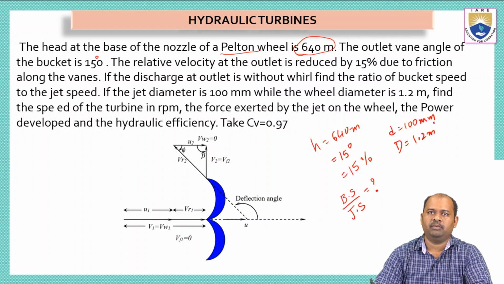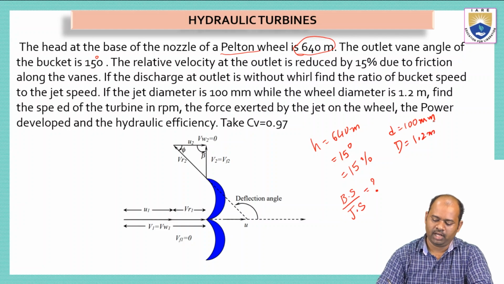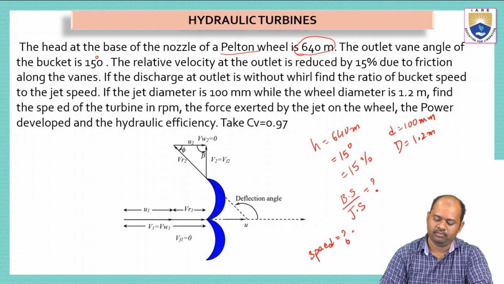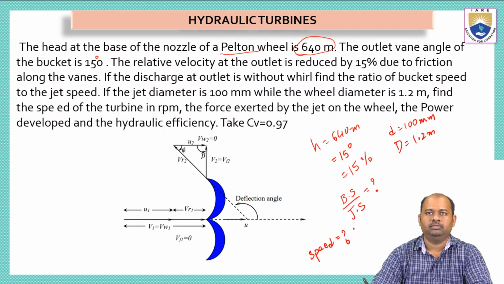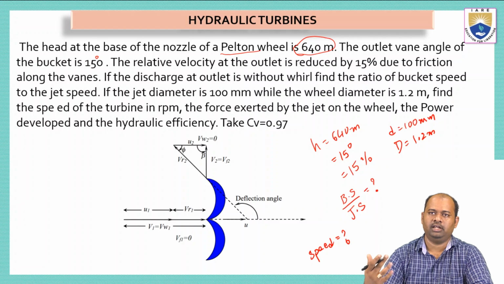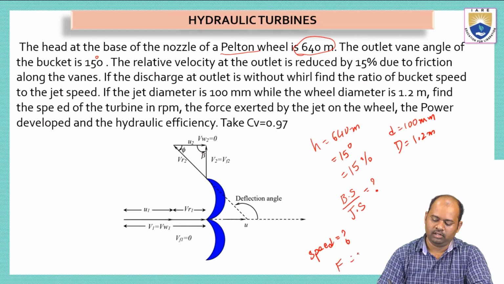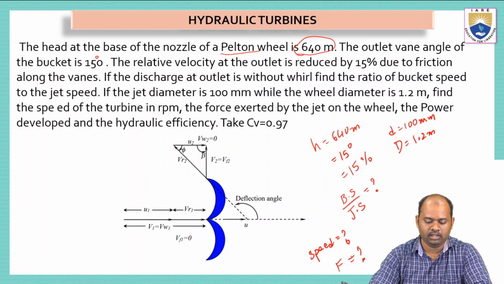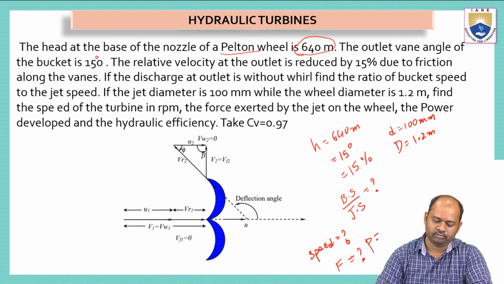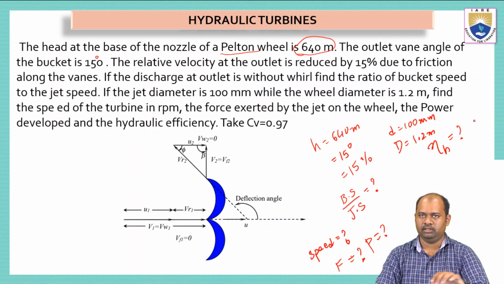Find the speed of the turbine in RPM. We also have to calculate the force exerted by the jet on the wheel, and also the power developed and the hydraulic efficiency. All these things are interrelated so that we can easily calculate this.